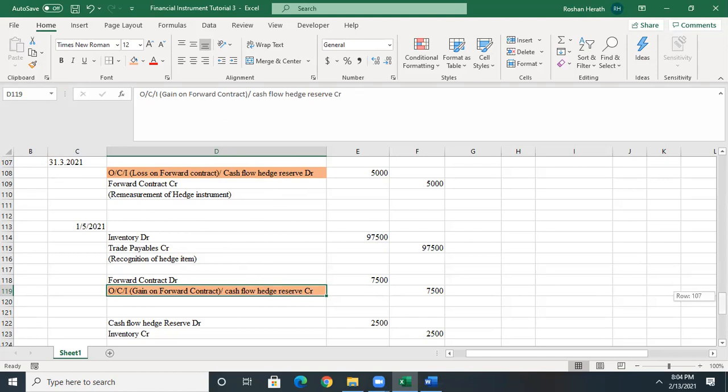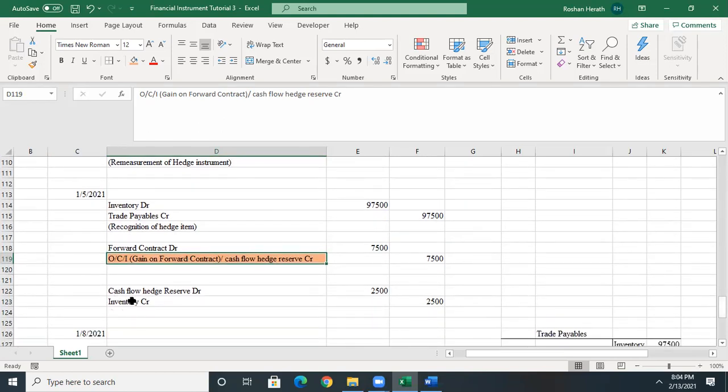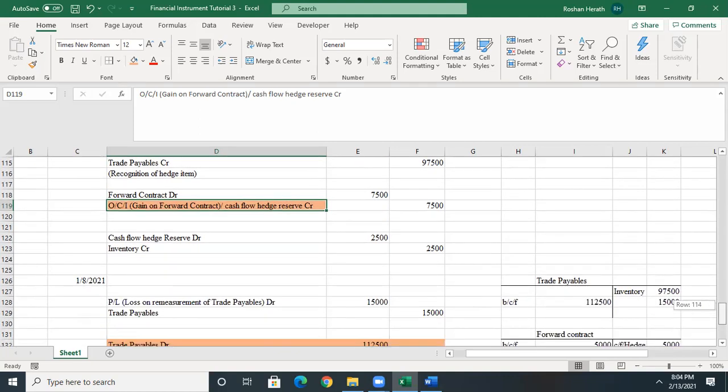But to keep the thing simple, I have taken that against inventory, because when it comes to the inventory, there is no remeasurement. So therefore, it is trouble free. Even if you take it against the trade payable, no problem. That is perfectly correct. The standard allows both. So here we have taken that against the cash flow hedge reserve.